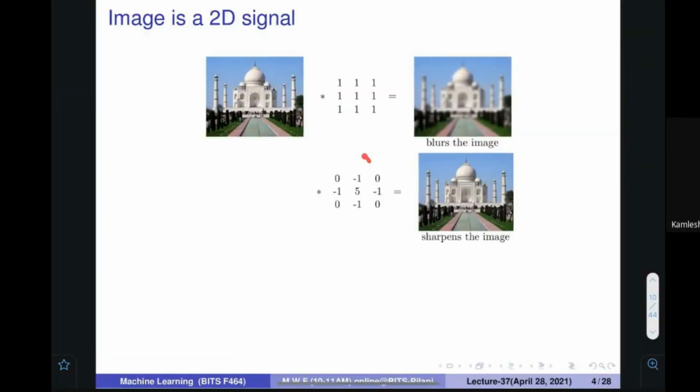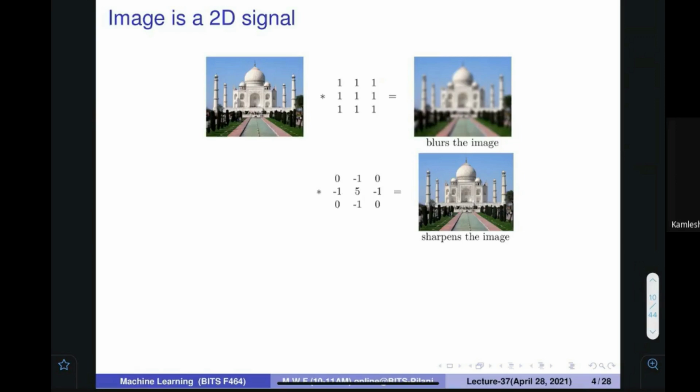Similarly, let me tell you that if you put this value, that is -1, -1, -1, -1, and 5, it means that you are going to put more weight on what you are seeing at the current place, and you are subtracting the nearby information. This is just like removing some of the high frequency components. And actually, what does it mean? In the last class we discussed that the low frequency component actually contains details.